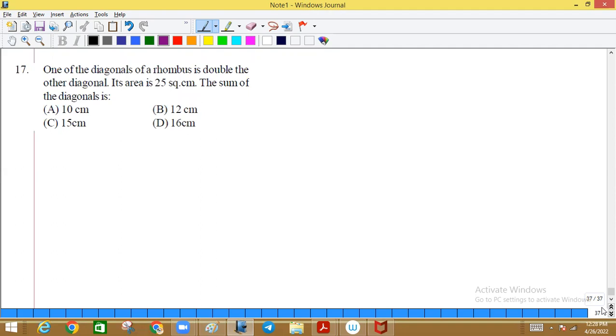One of the diagonals of a rhombus is double the other diagonal. Its area is 25 square centimeters. The sum of diagonals? One diagonal is x, the other diagonal is 2x. Sum is 3x. This is diagonal 1, diagonal 2. Area of a rhombus is half into diagonal 1 into diagonal 2.